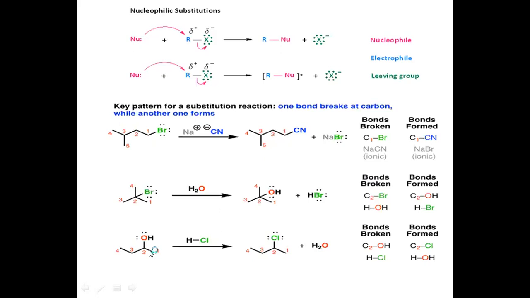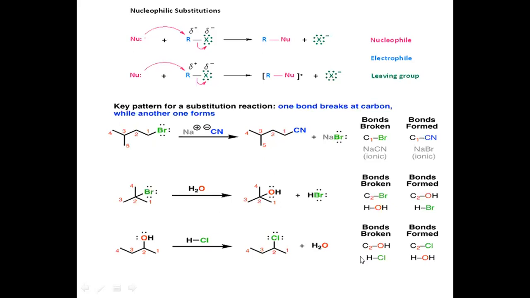Let us take another example. Now this was a primary alkyl, this is a tertiary alkyl, and this is a secondary alcohol. Now if this reacts with HCl, then it is found that it undergoes a reaction where OH will be replaced by Cl and you get a substitution product.